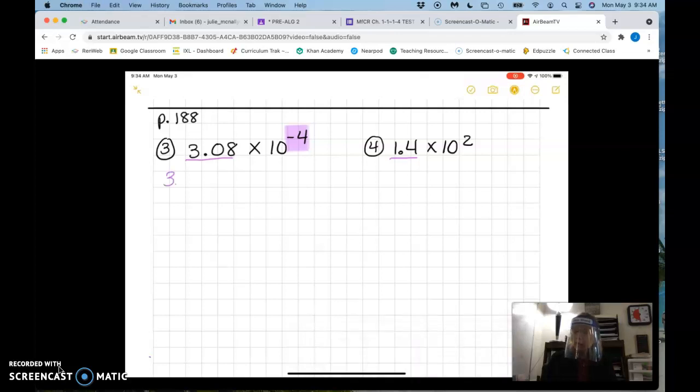So I'm just going to rewrite this number. Wait, what did you say? Large? No, I'm making a small number. Sorry. I'm going to rewrite the number and then I'm going to move the decimal 4 places. So I'm going to move it 4 places this way so that I can make a smaller number. So my new decimal is there, and what do I fill in all those little loops with?